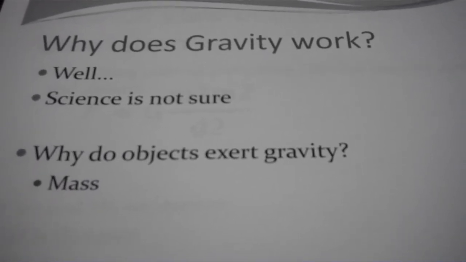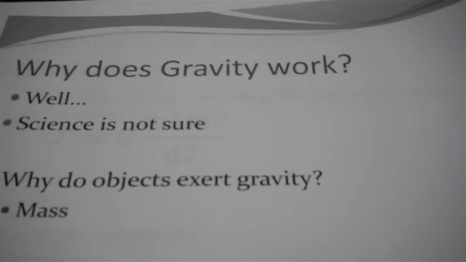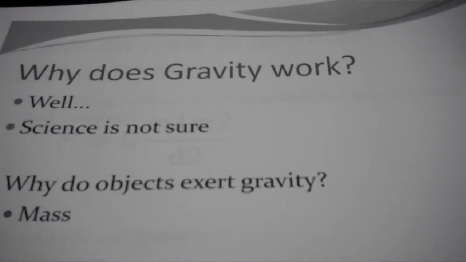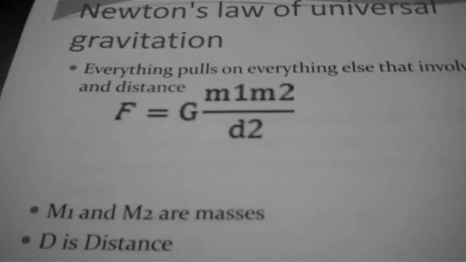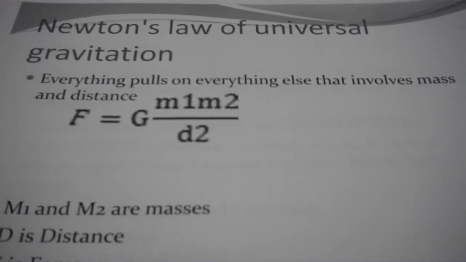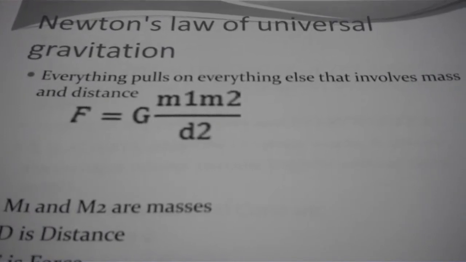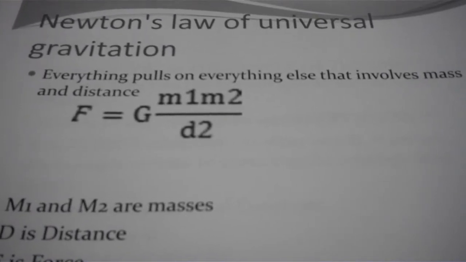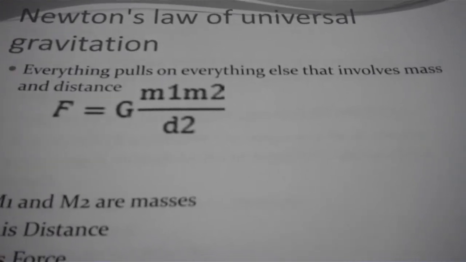So is there a number that can capture all objects? And what you guys are about to find out is that there is, and that's called Newton's law of universal gravitation. This is kind of a Newton's fourth law, if you will. It says everything pulls on everything else that has a mass and a distance. In other words, if you have a mass and you are a certain distance from something, you do have a gravitational effect on it.